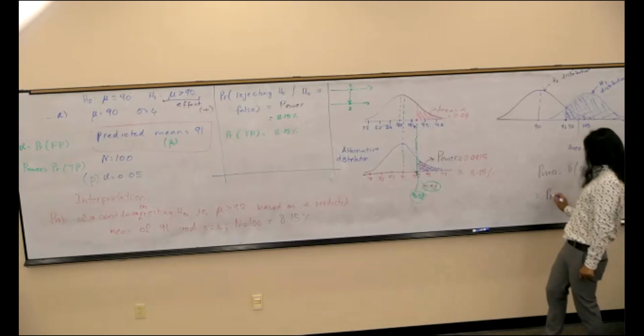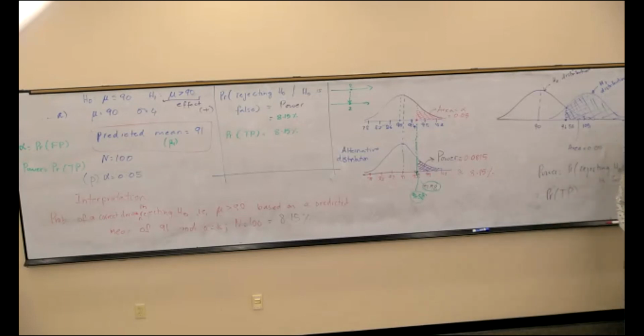In simple terms, probability of a true positive, a correct decision. Beginning of chapter 6.1, they started by saying decision errors. This is what we mean by decision error. Probability of making a correct decision if you rejected the true null, in other words, true positive, is 0.9823, or 98.23%.